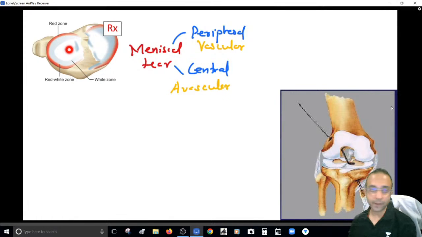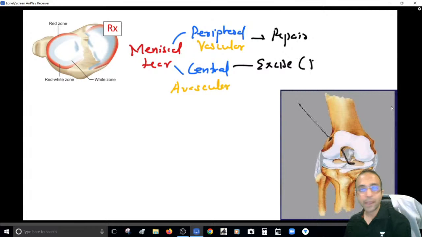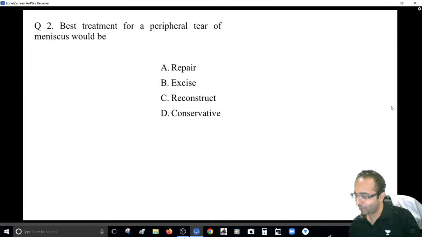Look at this very nice diagram. The center of the meniscus has no vascularity, the edge has vascularity, the red zone. So peripheral tears make sense in repairing. It is the central tears that you excise. Excision of a meniscus, we simply call meniscectomy. So for central tears you can plan meniscectomy, not for peripheral tears. Here it's a case of peripheral tears, for repair.